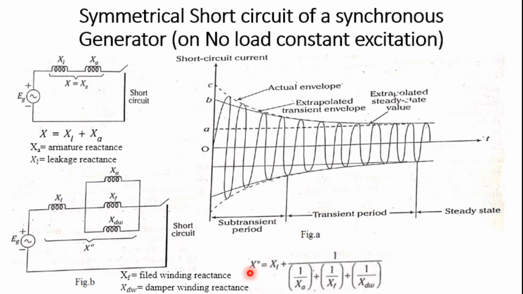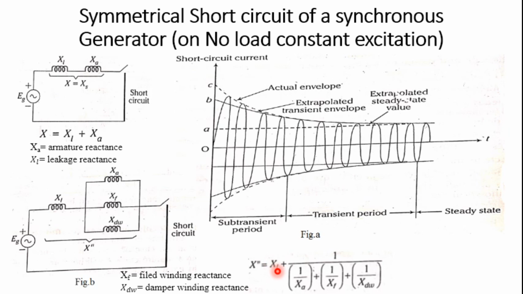It is denoted by X double dash. This can be represented by reactances in parallel, which you can see here: XA is in parallel with XF and XdW, and in series with XL, which is the leakage reactance.